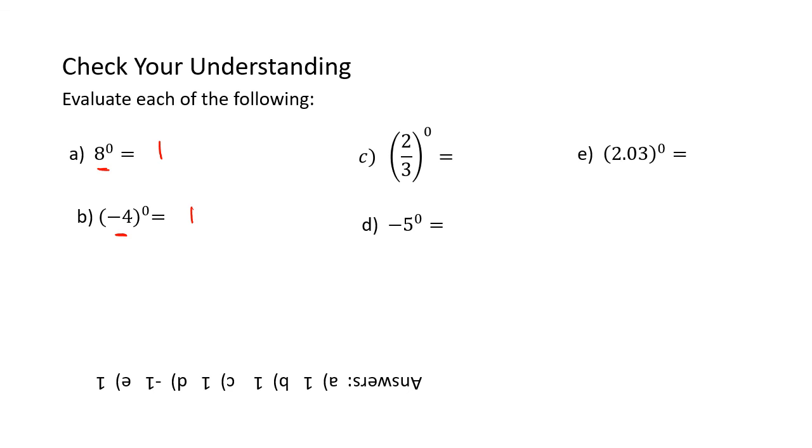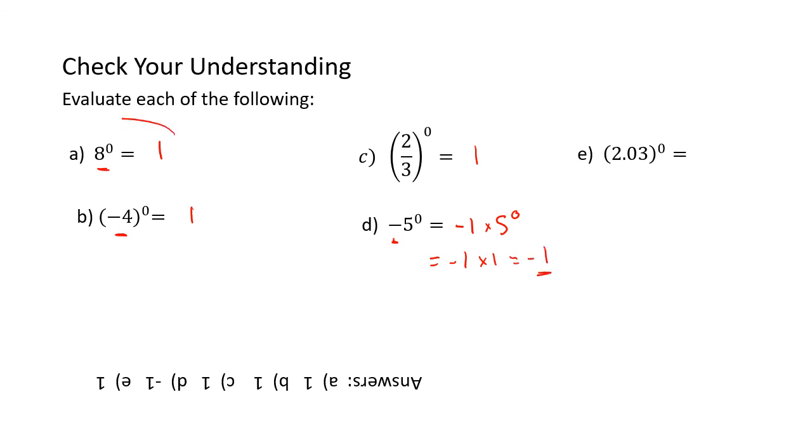C, 2 over 3 to the exponent 0 is 1. Example D, negative 5 to the exponent 0. Okay, remember, the negative's not in brackets. So this is the same as negative 1 times 5 to the exponent 0. And 5 to the exponent 0, any number to the exponent 0 is 1. So you're left with negative 1 times 1, which gives you negative 1, okay, not positive 1.